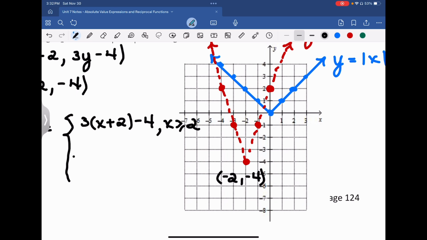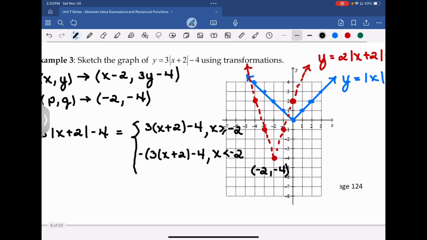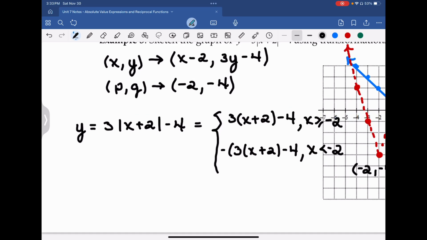For the other one, we have the negative of all of this, x plus 2, -4. And this one is going to be where x is less than -2. Awesome. Okay, domain and range, let's fill that in here.